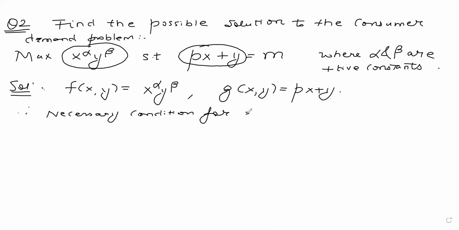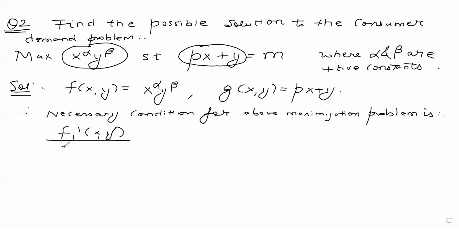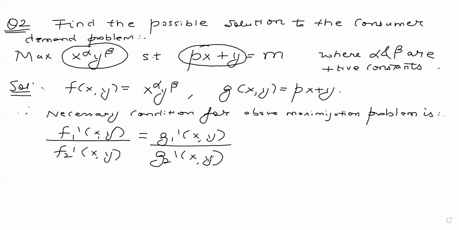The necessary condition for the above maximization problem is f1 dash x, y upon f2 dash x, y equals g1 dash x, y divided by g2 dash x, y. Okay, so this is our necessary condition.